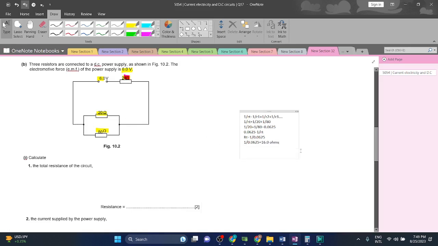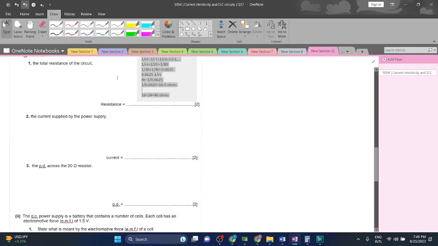If we add that to the series resistor of 24, this will total 40 ohms of resistance in the whole circuit.